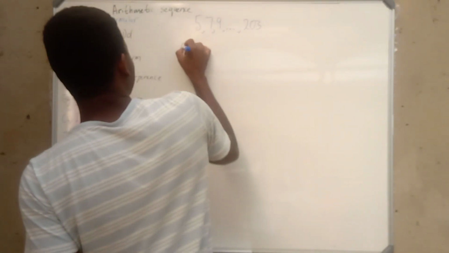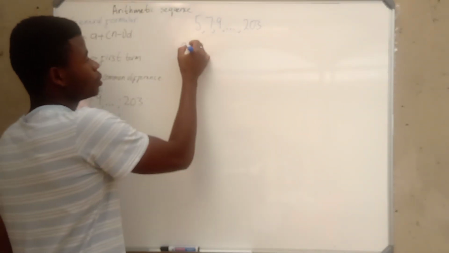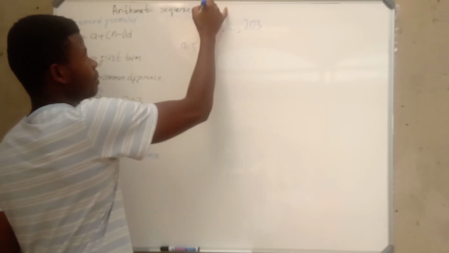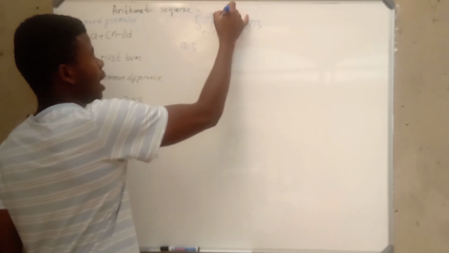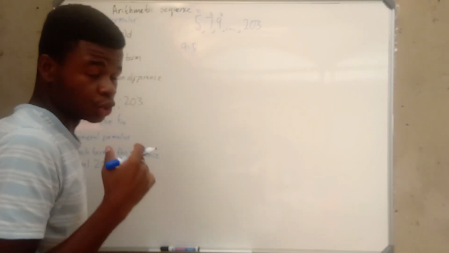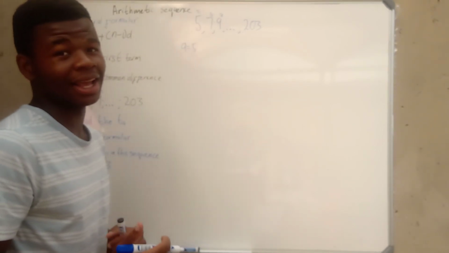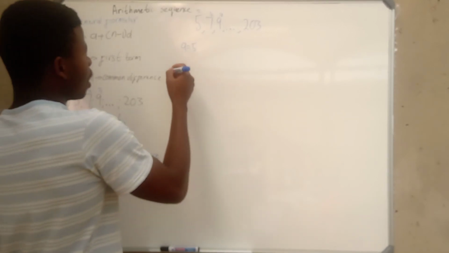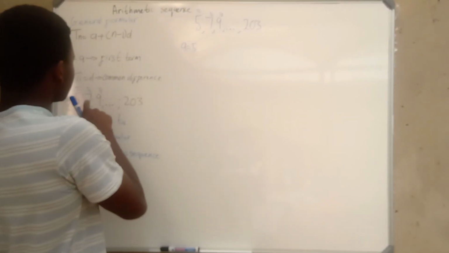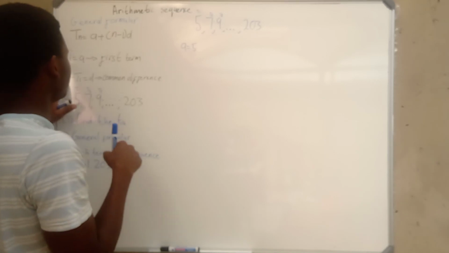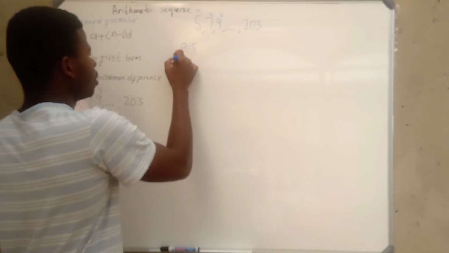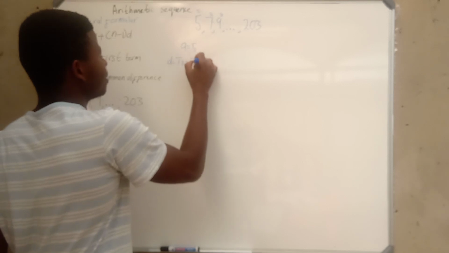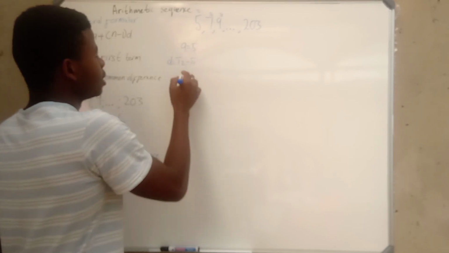My a is going to be 5, because 5 is term number 1, 7 is term number 2, and 9 is term number 3. For 203, you have to stick around to find out. So how am I going to find the d? The formula for d is T2 minus T1. So d is equal to term number 2 minus term number 1.